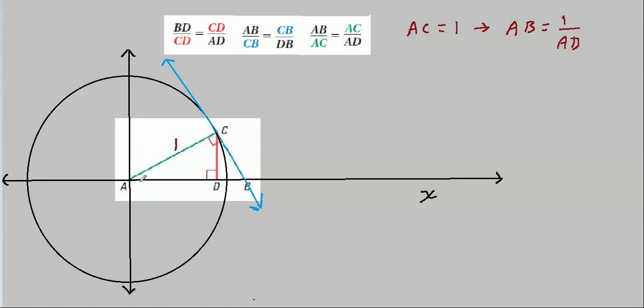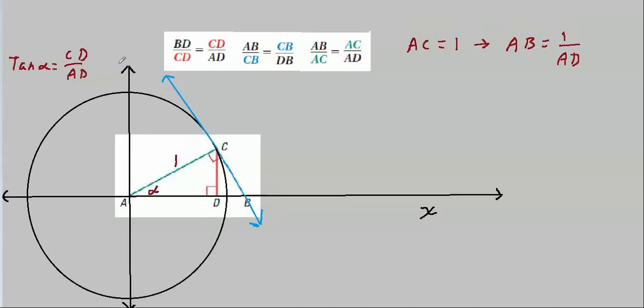Now, the tangent, say for alpha, right here, put that in there, say that's alpha. So our tangent function would yield, in this case, CD over AD. This is some quotient.